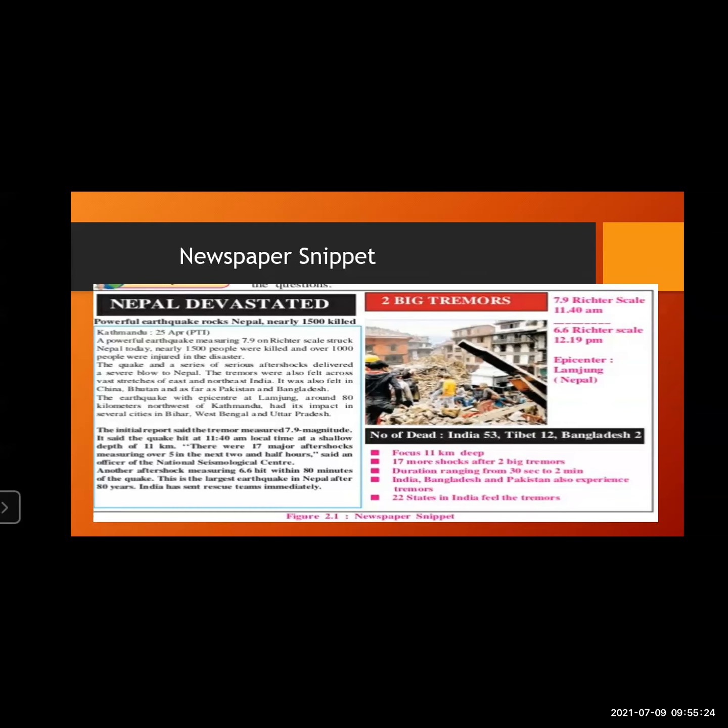There were 17 major aftershocks measuring over 5 in the next 2.5 hours, said an officer of a National Seismological Center. Another aftershock measuring 6.6 hit within 80 minutes of the quake. This is the largest earthquake in Nepal in 80 years.